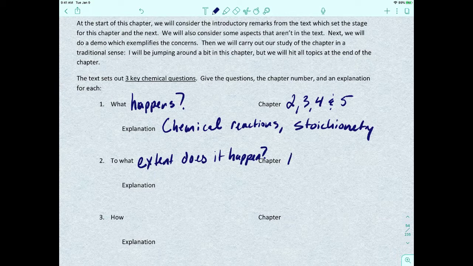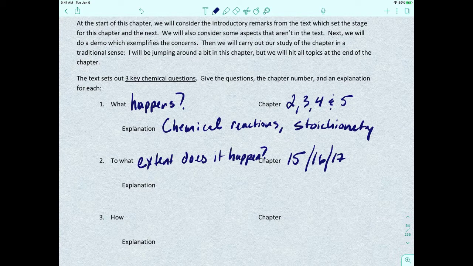We'll take a look at chapter 15, which is chemical equilibrium, then 16 with acids and bases, and 17, which is going to be getting into examples of acid-base equilibria, buffers, and then solution equilibrium.